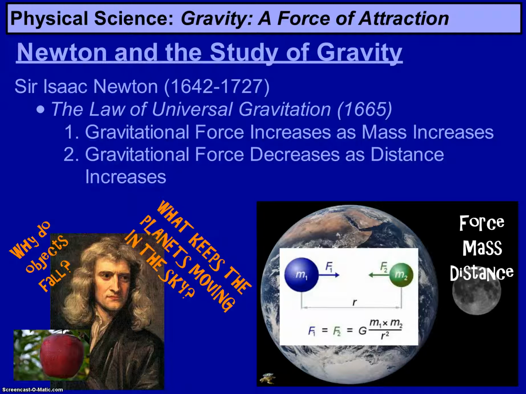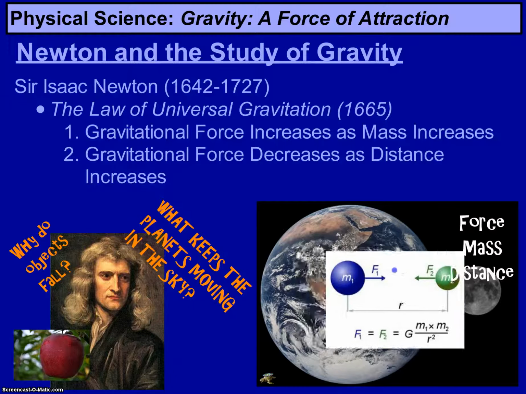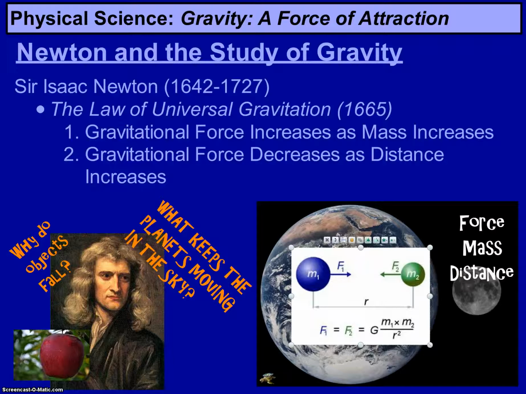The two parts of the law of universal gravitation state that gravitational force is going to increase as mass increases, and gravitational force will decrease as distance increases. So let's see if I can highlight here.